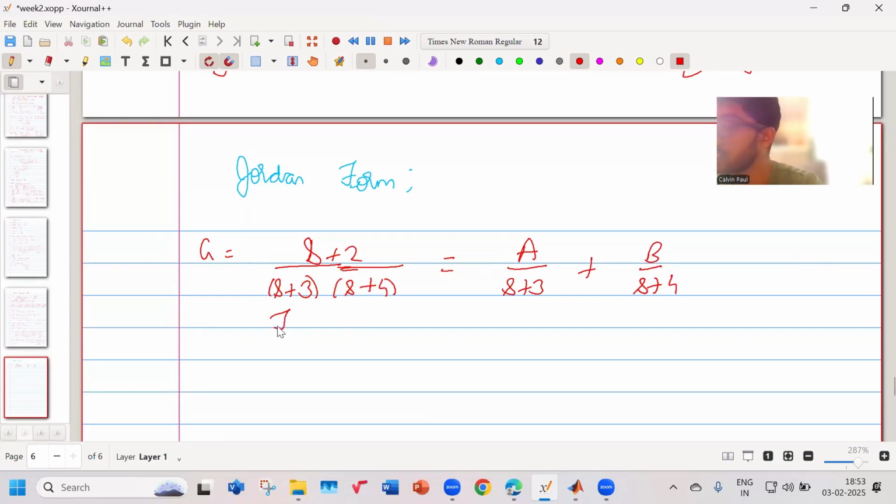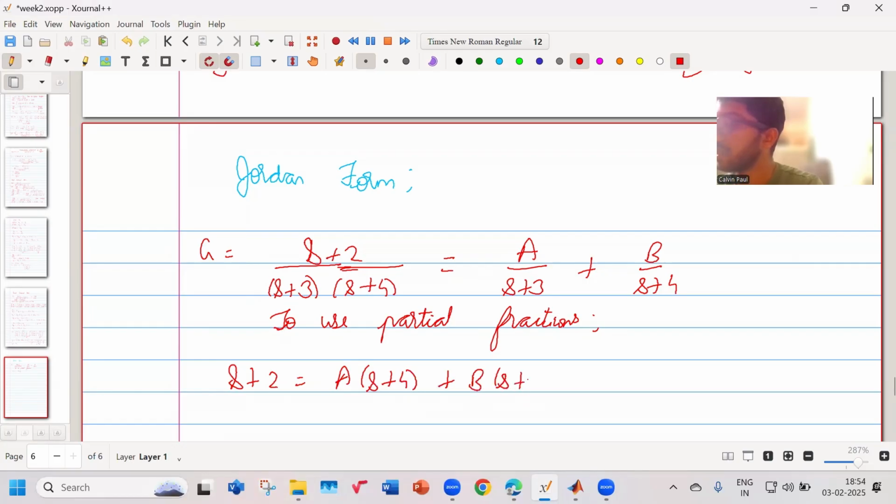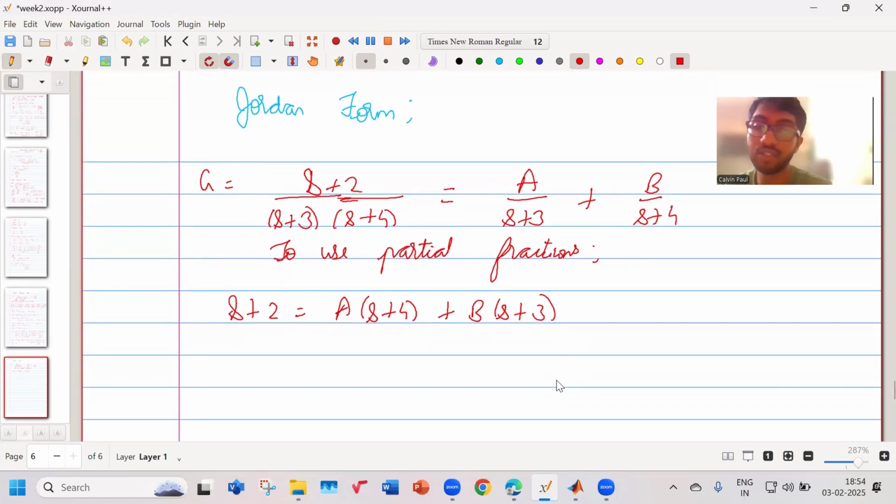So we have to use partial fractions, right? We are using partial fractions. So s plus 2 is equal to a into s plus 4 plus b into s plus 3. Okay. So we need to find the values of a and b.